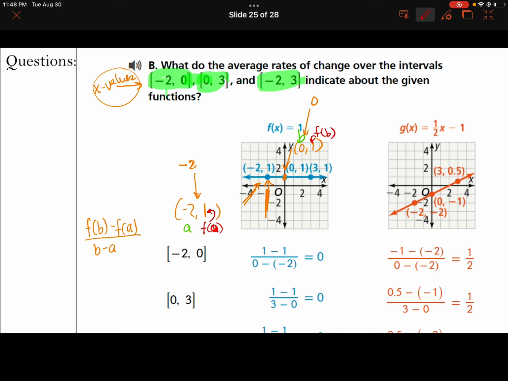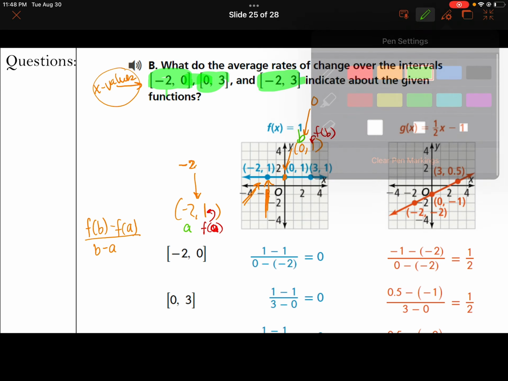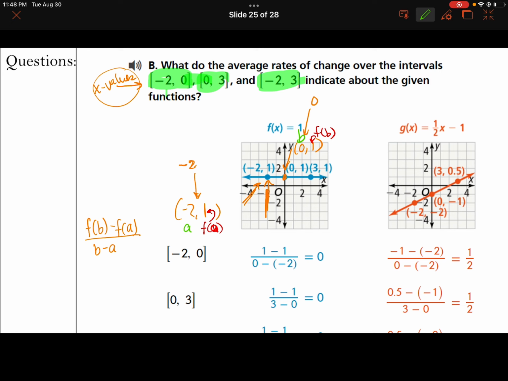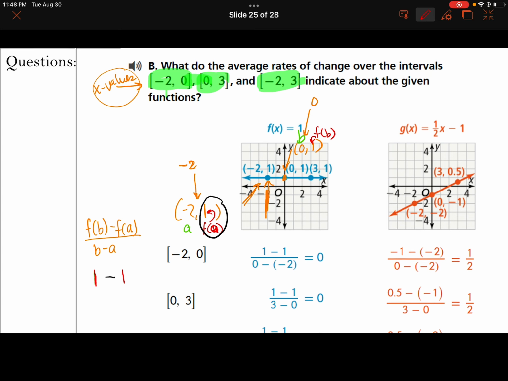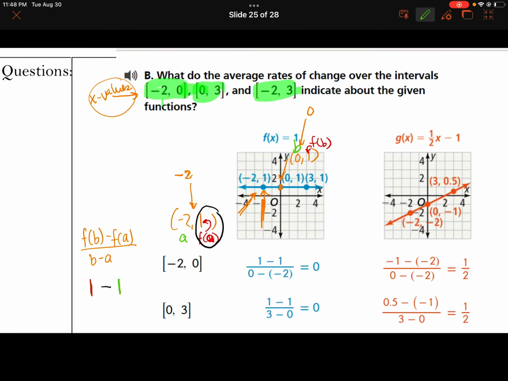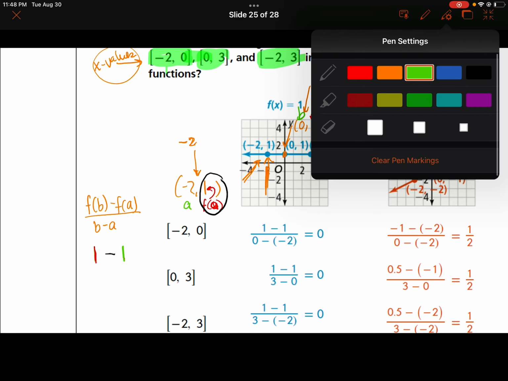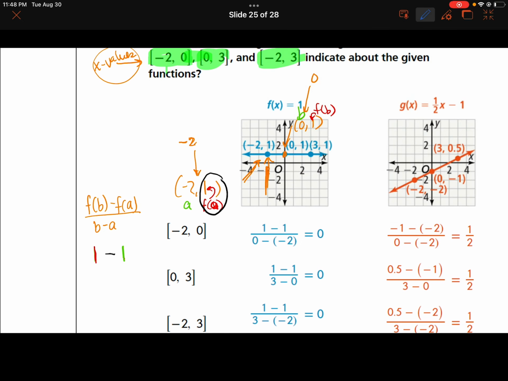Okay. So then we're going to plug in those numbers. My f of b is 1, minus my f of a, which is again 1, and then my b is 0 minus my a, which is -2.